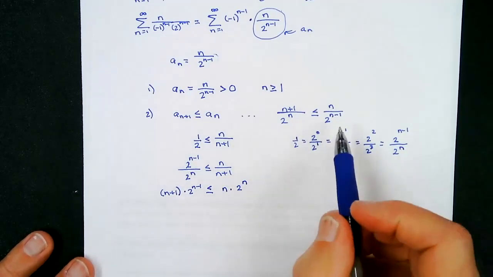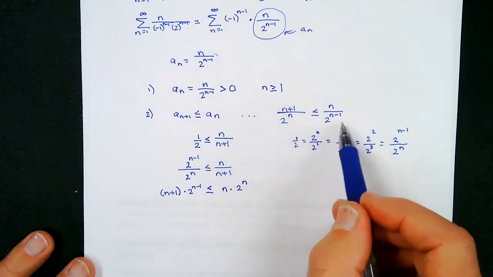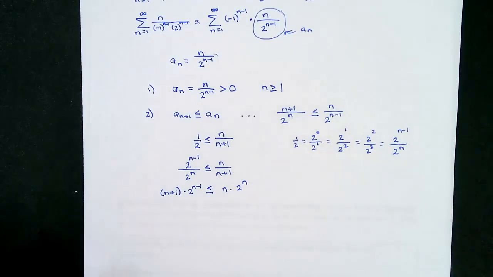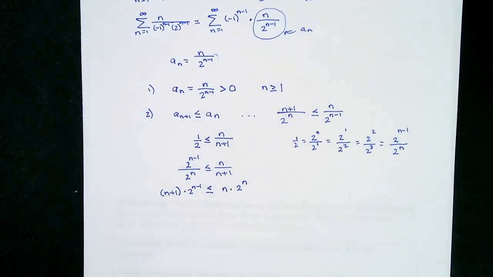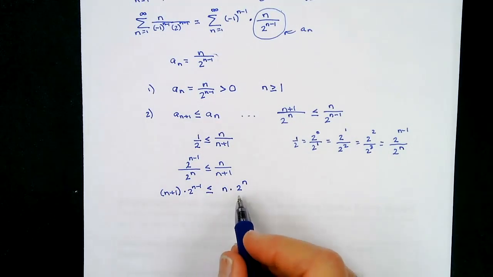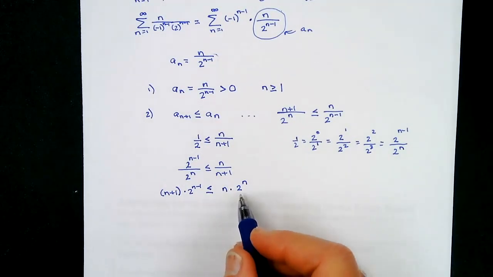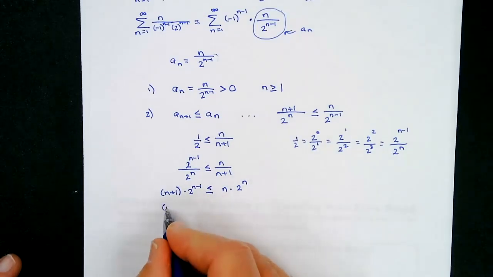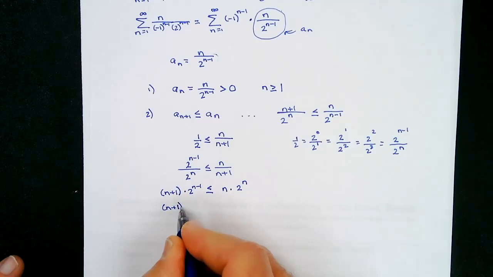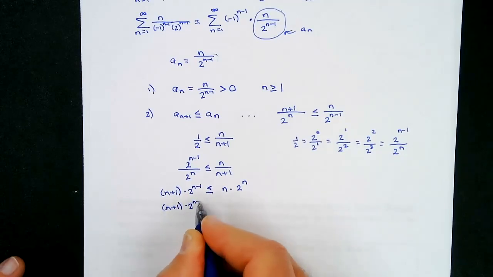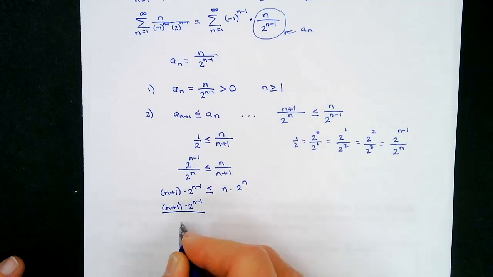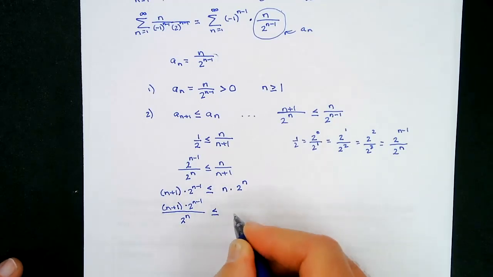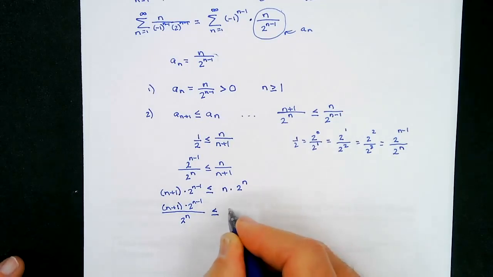Okay, so I'm trying to get to this. So the next thing I could do is divide both sides by 2 to the n, or multiply both sides by 1 over 2 to the n. And so this would give me n plus 1 times 2 to the n minus 1 over 2 to the n is less than or equal to n.